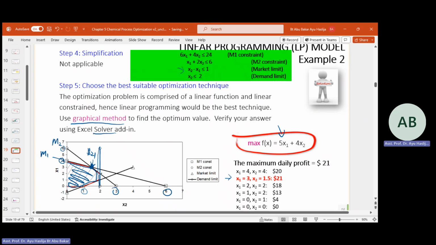Okay, you can try this point as well. x2 is 2, x1 is 2 here. This one equals to 18. This point. Okay, so any point at the affected area, find the maximum profit.